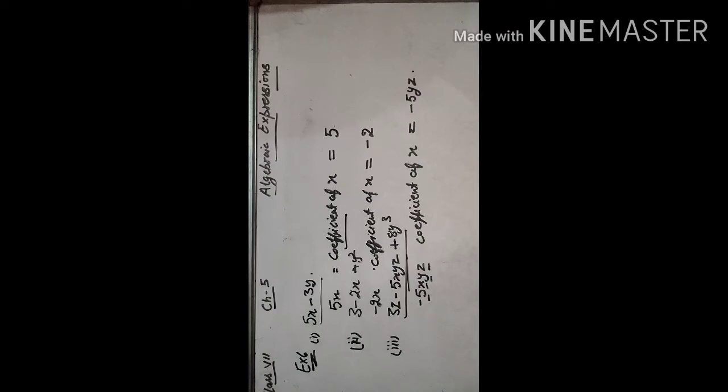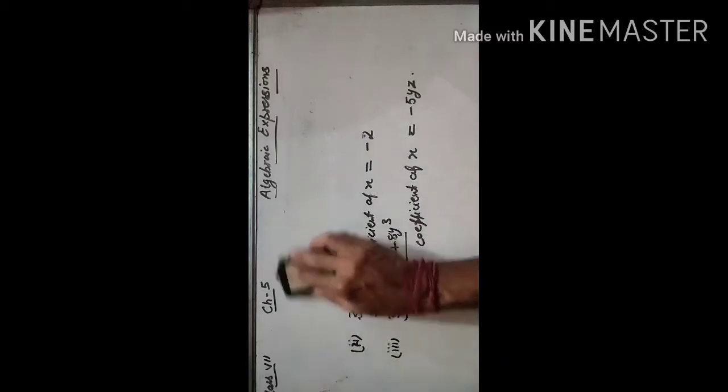Now come to example number 7. Example 7 is: identify the terms other than constant, and write their numerical coefficient in each of the following algebraic expressions.